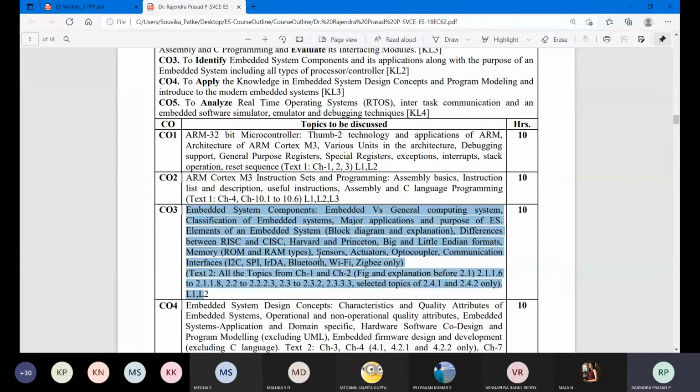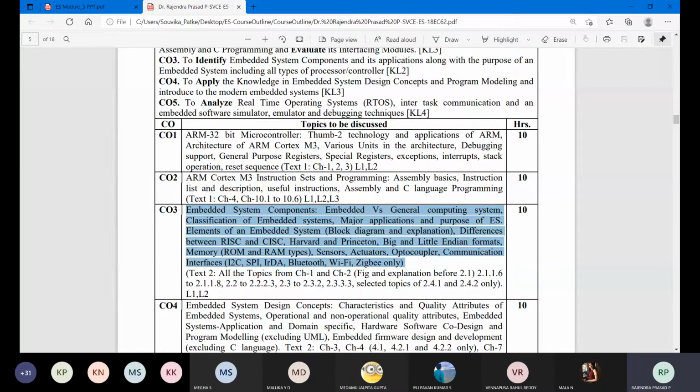So these are all of the applications. Okay, sensors, actuators, optocouplers, communication interfaces, I2C, SPI serial peripheral interface, IrDA, Bluetooth, Wi-Fi, Zigbee. So these are the specifications of this module 3. This will be your syllabus till this point.